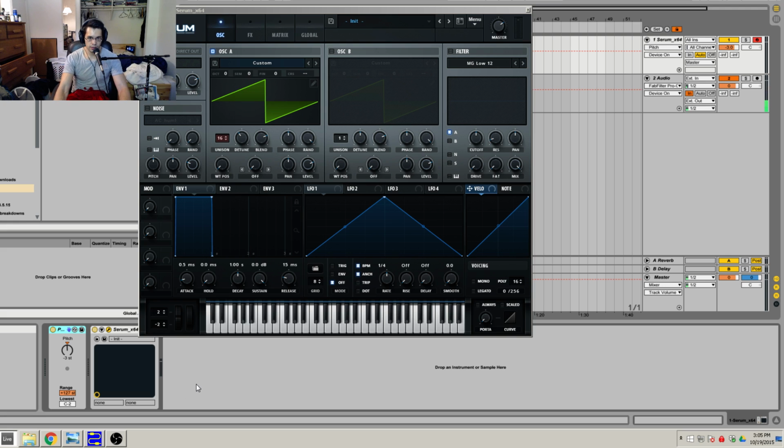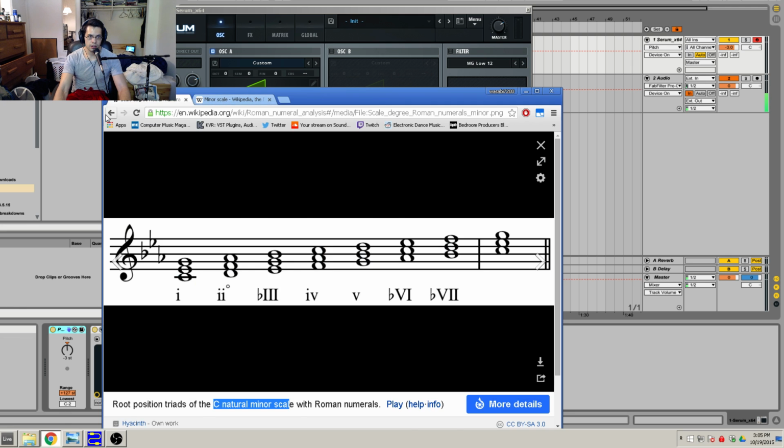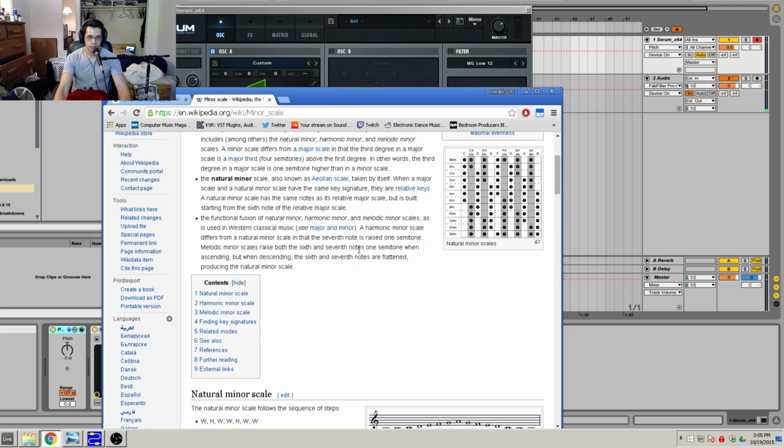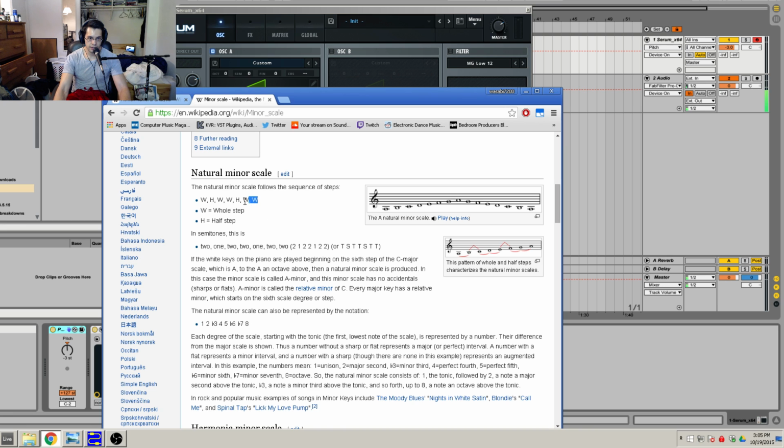So the reason why this pitch thing works is that all minor scales have the same makeup. The intervals between every single note in any minor scale are the same.